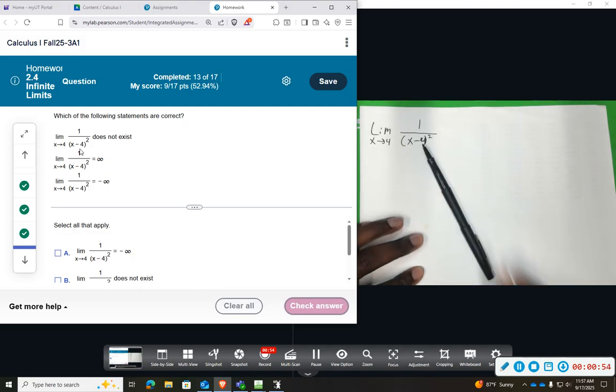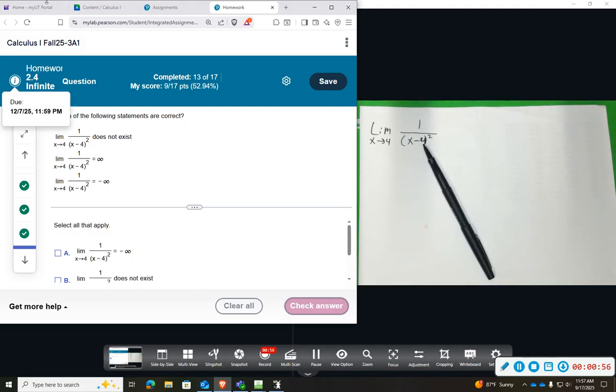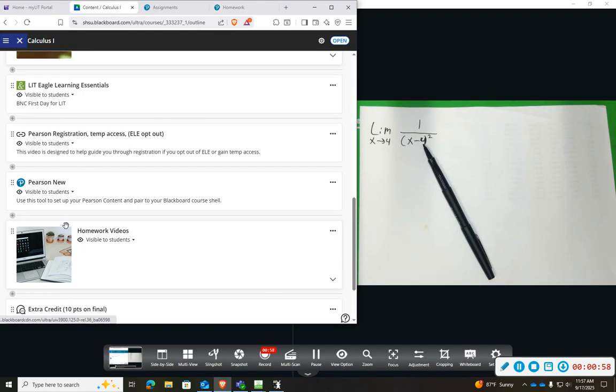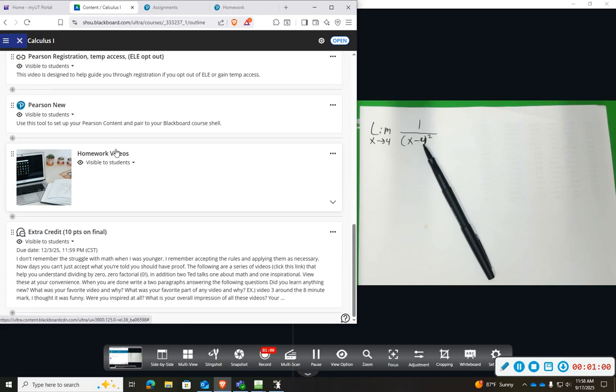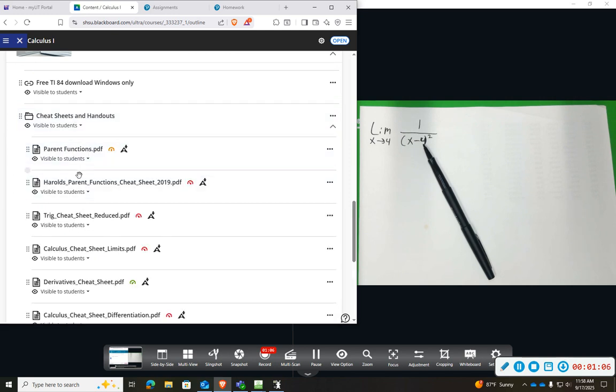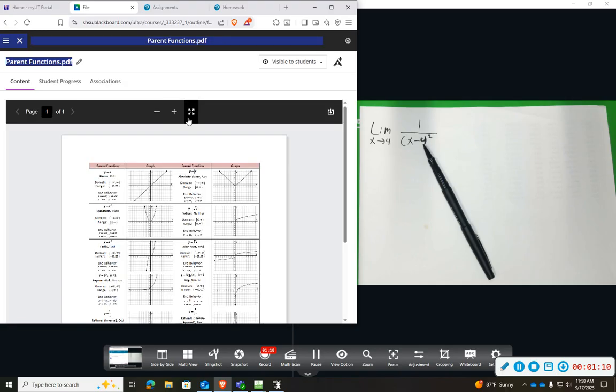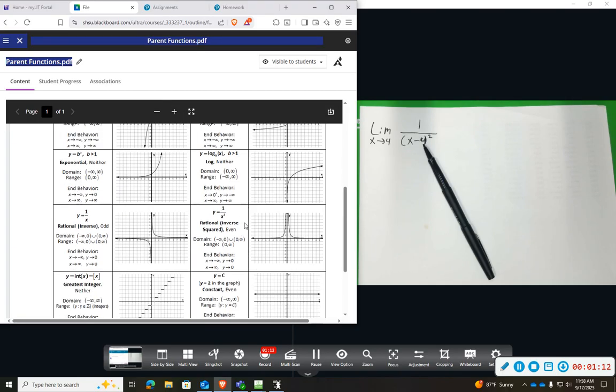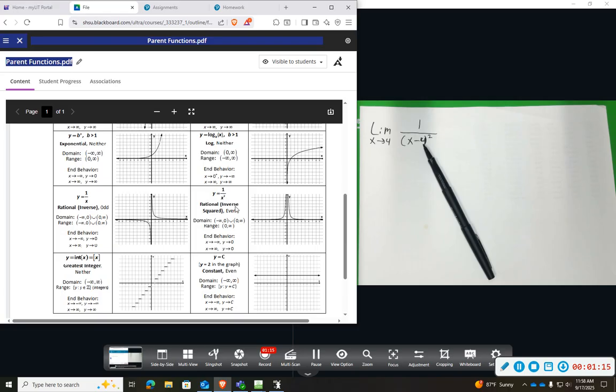It's, I guess, the rational function squared. Let me go back to our course and go to our graphs and videos and point out, if you are familiar with your parent functions, let's go to the basic one. This graph, the rational inverse squared.